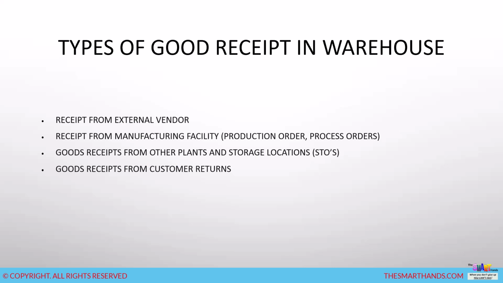So receipt from the manufacturing facility is inbound. Then goods received from other plants and storage locations. Assume we have other plants and storage locations; if I receive from there, that is called STOs. And goods received from customer returns. Even the customer sometimes returns something to us, so that is also received in the warehouse.